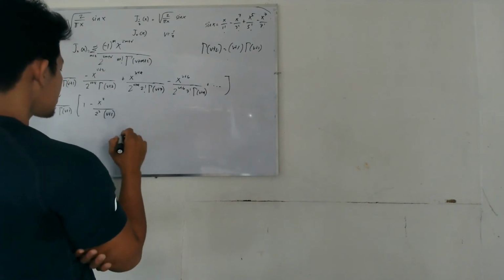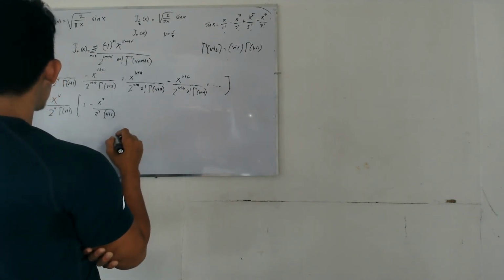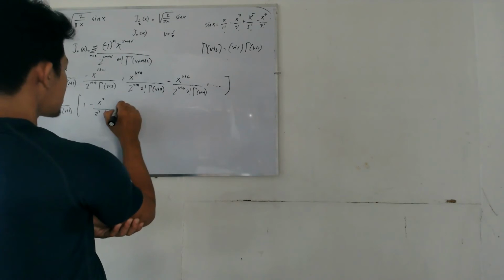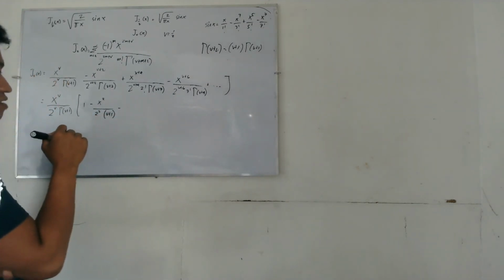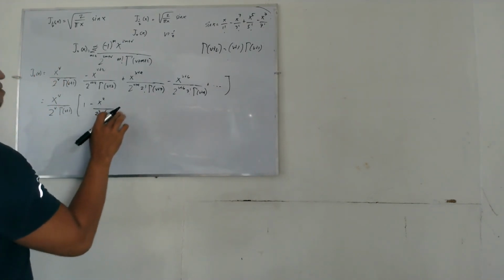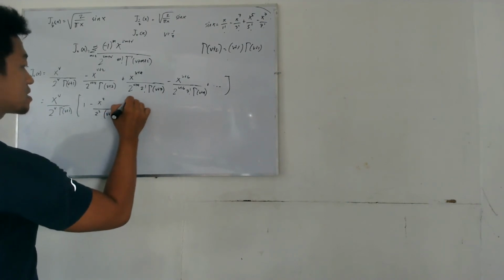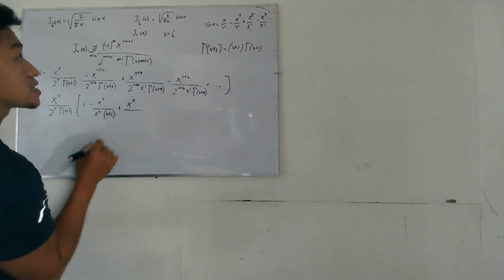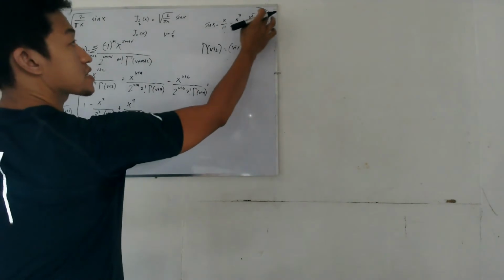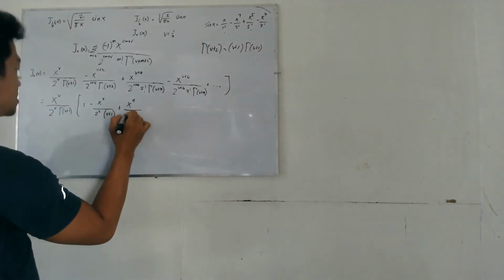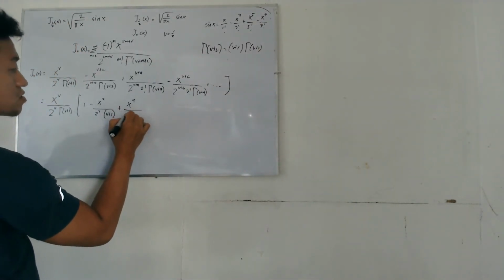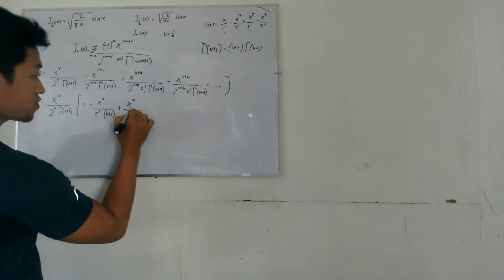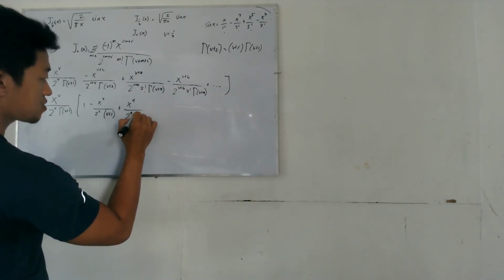minus plus x to the 4th. Remember, kanitong target to. 2 to the 4th times 2 factorial.